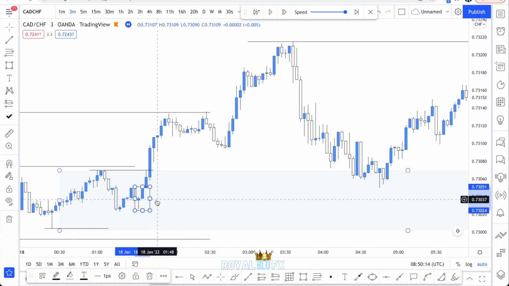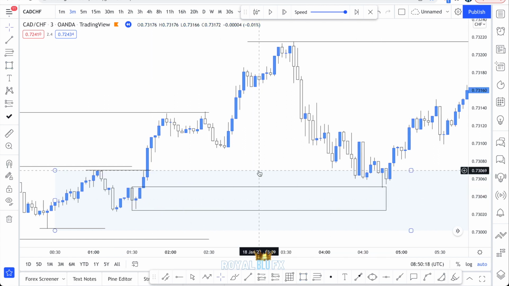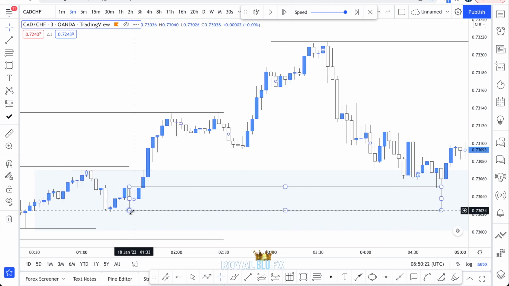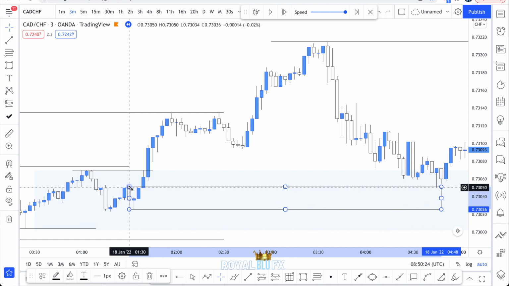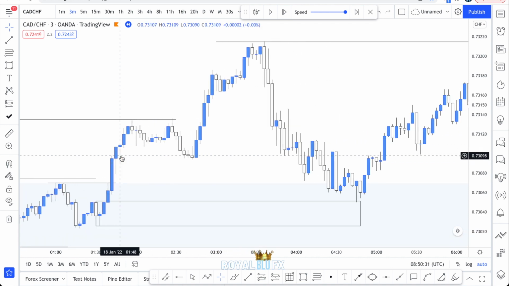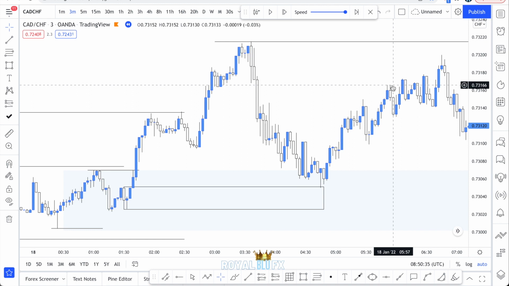This is considered to be the last low area here, right over here. You can also make it down to this wick, but we're going to talk about over-refining order blocks after this video. So this would be our last low before the major move pushes up.